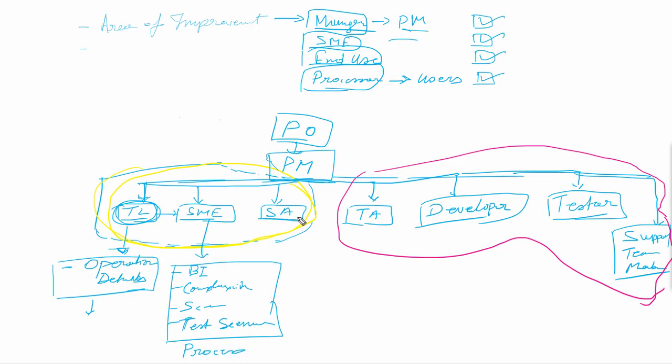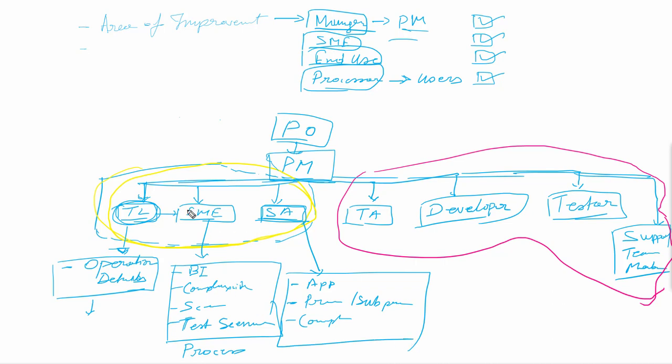The solution architect is the expert in designing solutions, in the sense that the person should know how many applications are involved, how many processes and sub processes there are, and what the complexity of it is. In collaboration with the SME, this person gets to know and designs the solution.